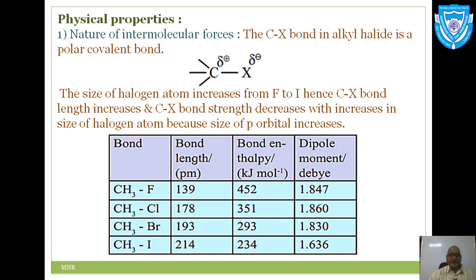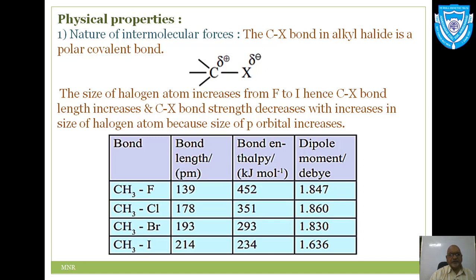If you see the following chart, the fluorine bond length is 139 picometer, whereas the bond energy is 453 kilojoules, and the dipole moment is 1.87.